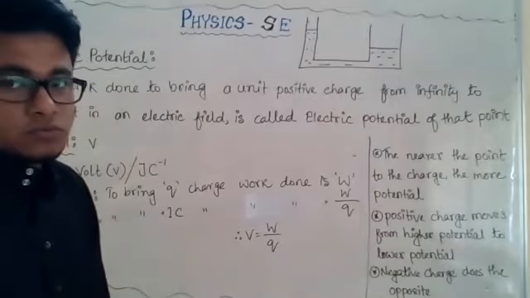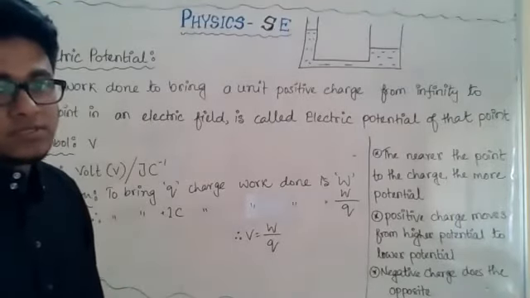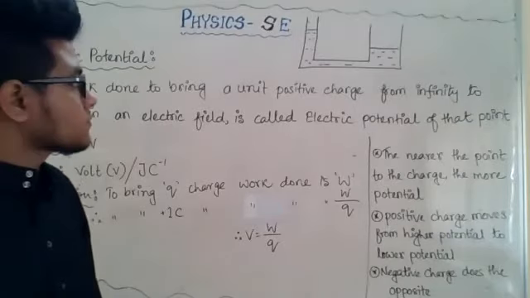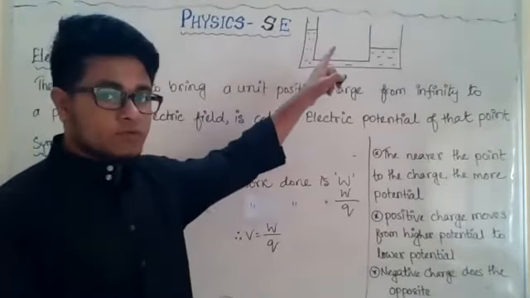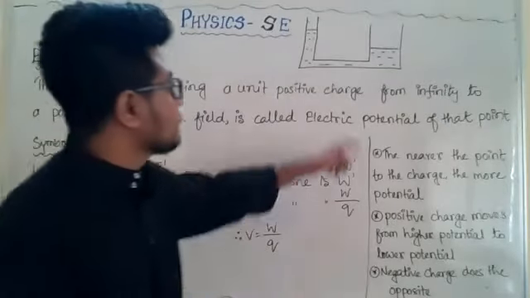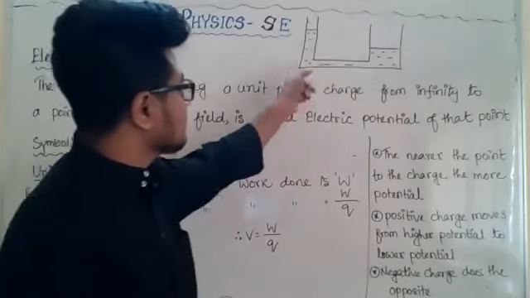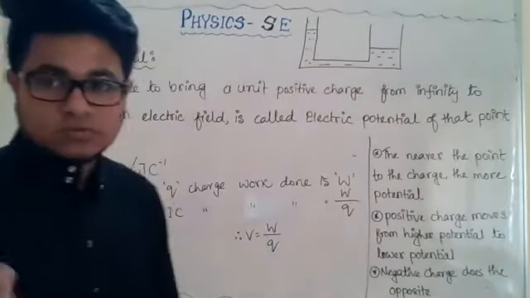So if I ask you whether there will be any water flow, I hope your answer will be yes, there will be water flowing from one direction to another. Now, what do you think, will the water flow from here to here or here to here? You can just say left to right or right to left. I want to hear it from you.